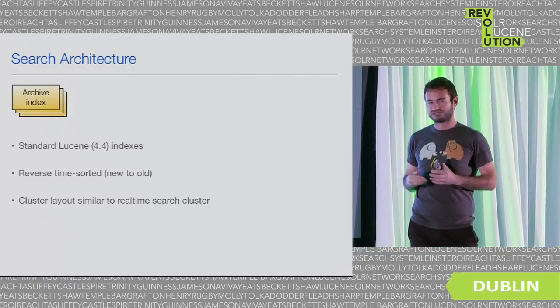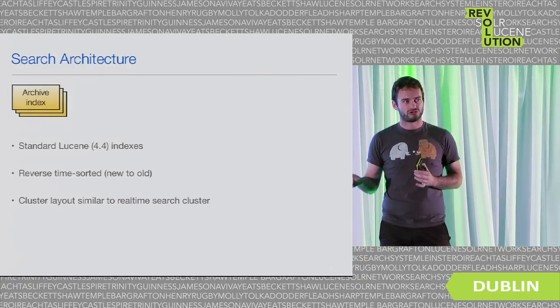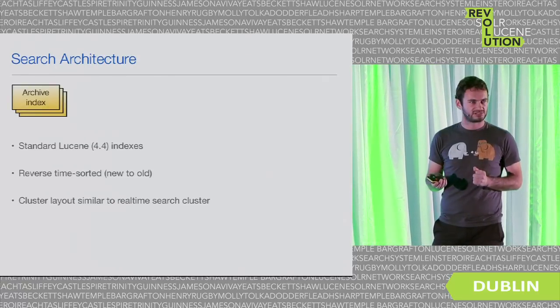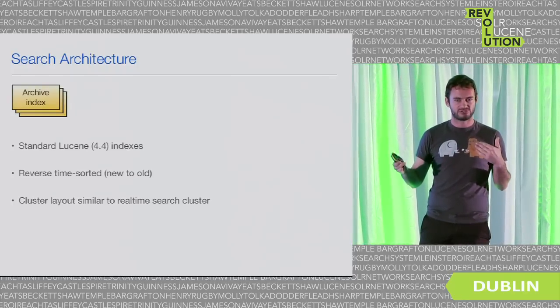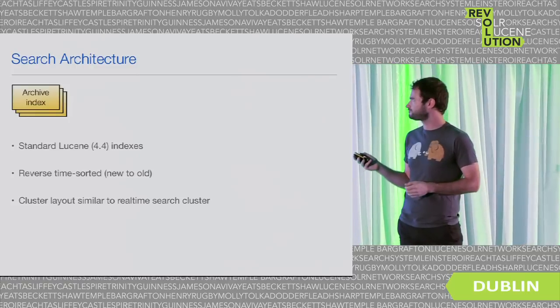So even though we do relevance filtering, it still makes sense to sort them new to old for early termination reasons. Otherwise, the cluster layout is very similar to the real-time search layout. It's maybe a different number of replicas and hash partitions, but it's a very similar, simple hash partition layout.